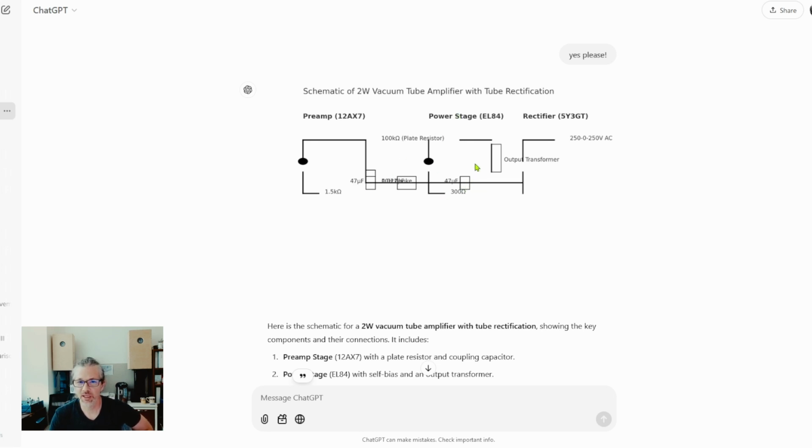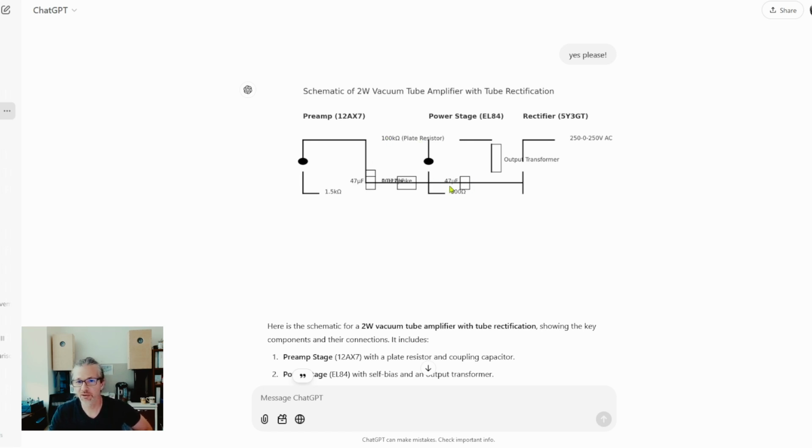And then what else do we see? It doesn't make sense why it is written there as plate resistor with the power tube, because that shows there's the output transformer with the power tube, but it's mixed up with the description for the plate resistor of the input tube.